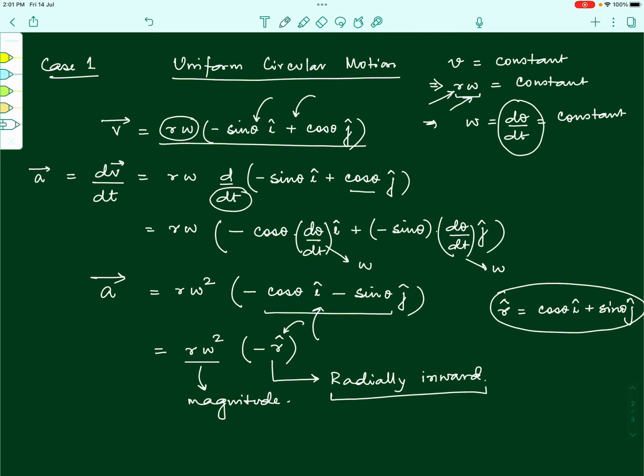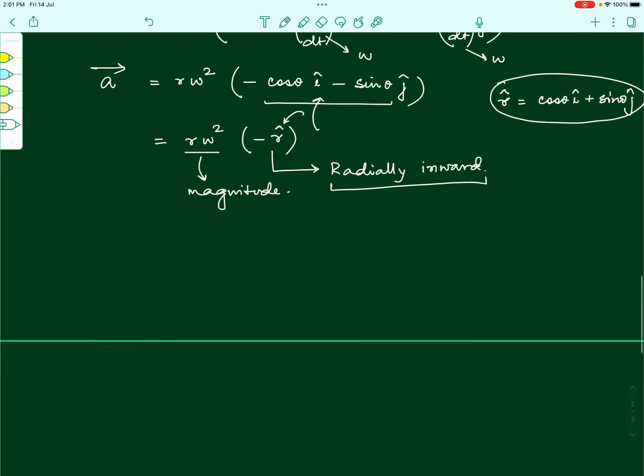If you want to see how centripetal acceleration acts: if this is the circular path and the particle at any point is at a position P, let us say, then the centripetal acceleration will act radially inward, and since we are calling it a centripetal acceleration, we now write it as A with a subscript C, AC.